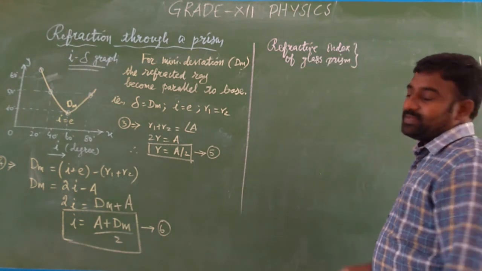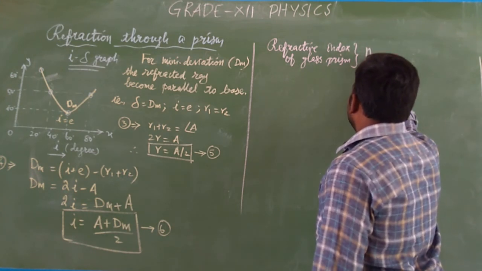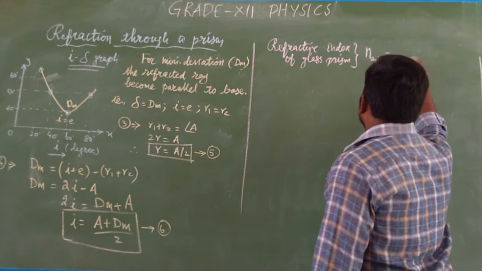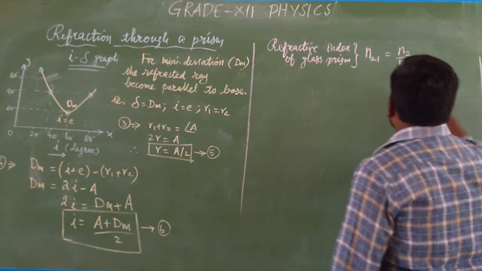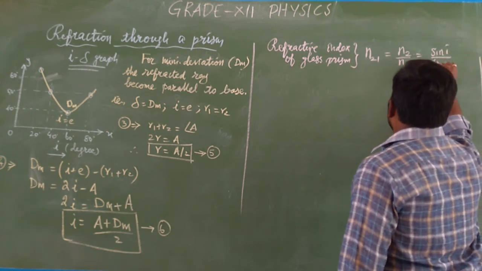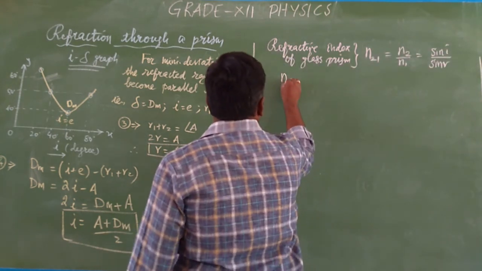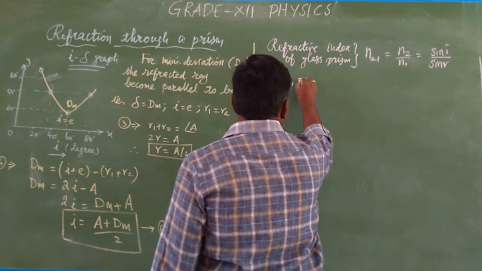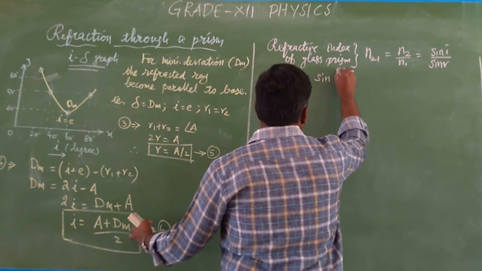Refractive index is nothing but the refractive index of the second medium with respect to the first medium, that is equal to n2 by n1, that is also equal to sin I by sin R. So what is the I?